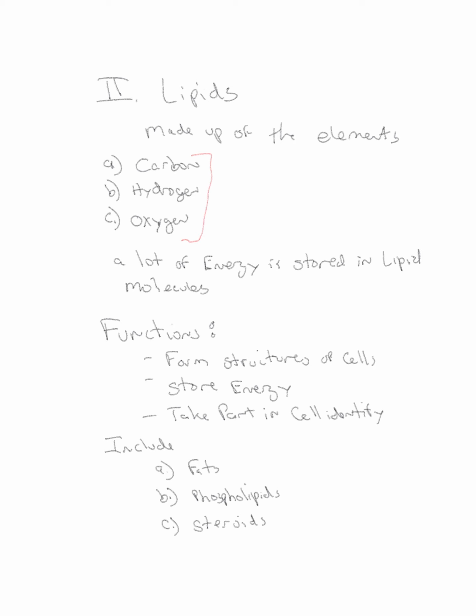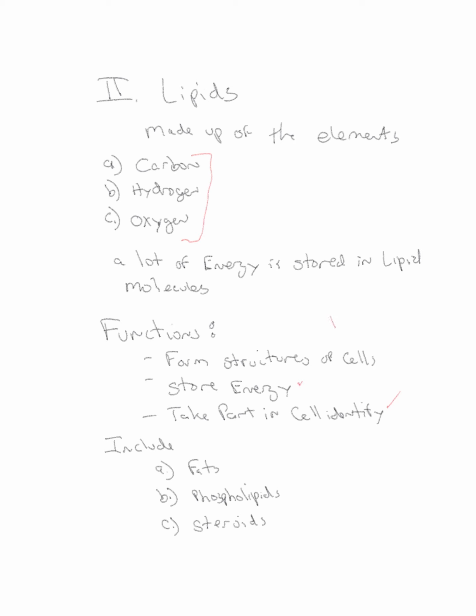They have a number of functions. One is that they form structures in cells. For instance, you'll find them forming the cell membranes, the plasma membrane itself, which is the outer perimeter of the cell, but also all the membranes inside the cell as well. They act as energy storage, and they take part in cell identity. Also, they're protective.